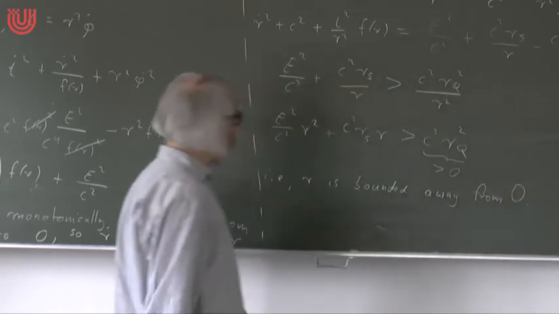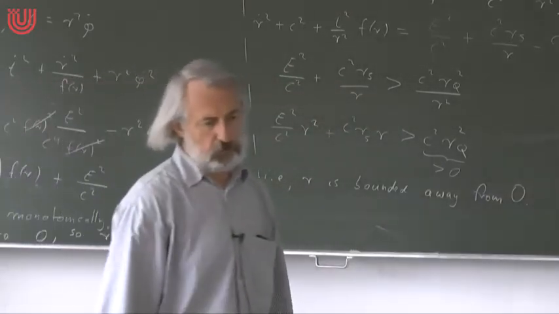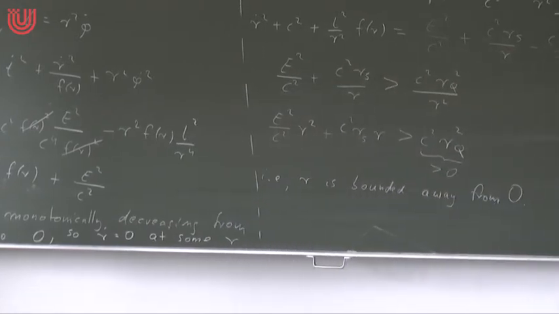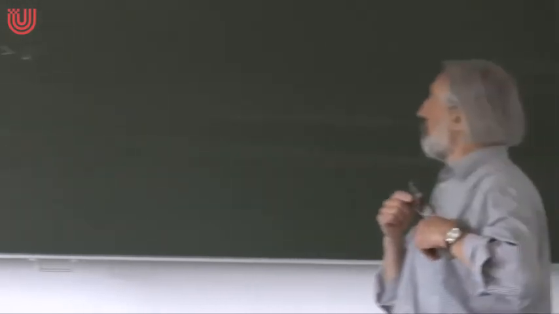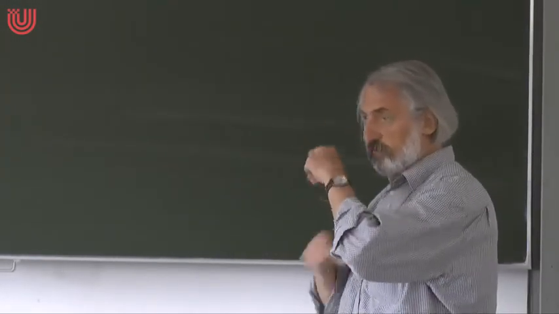So my Reissner-Nordström black hole doesn't allow me to approach the singularity arbitrarily closely. In free fall. Yeah, I used the geodesic equation.